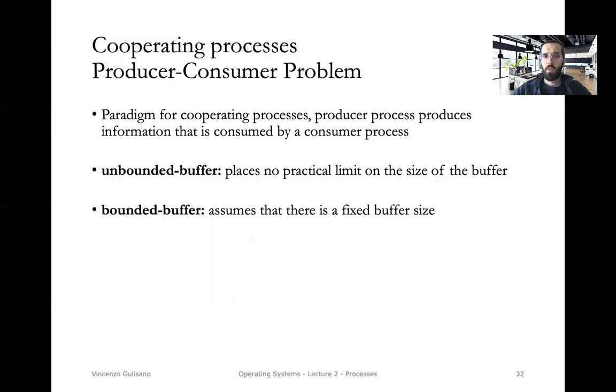You can either go for an unbounded buffer, so you put no practical limit on the size of the buffer, but then you need to make sure that the producer will not keep adding stuff if the receiver, the reader, cannot keep up at the same speed at which the messages are being sent. Or you need to put a bounded buffer, which will help in stopping the producer if a maximum number of messages that still have to be read or retrieved still exist in between the two processes.